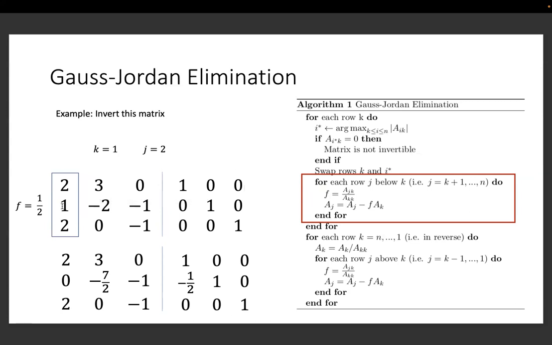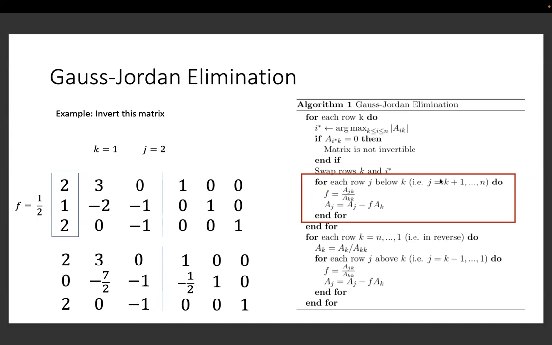And then we subtract this from the second row. After that, as you can see, we change this element to 0. So we did that to make sure that this element is going to be 0, right?